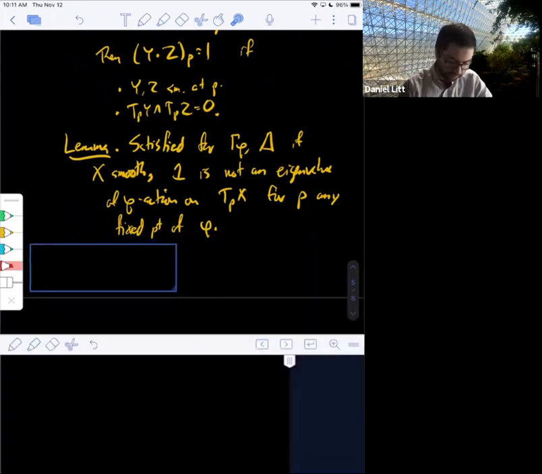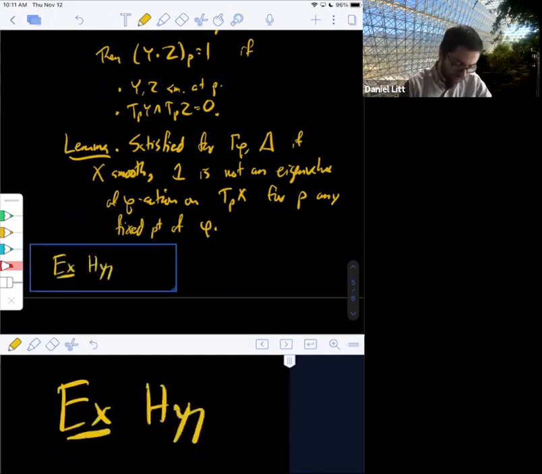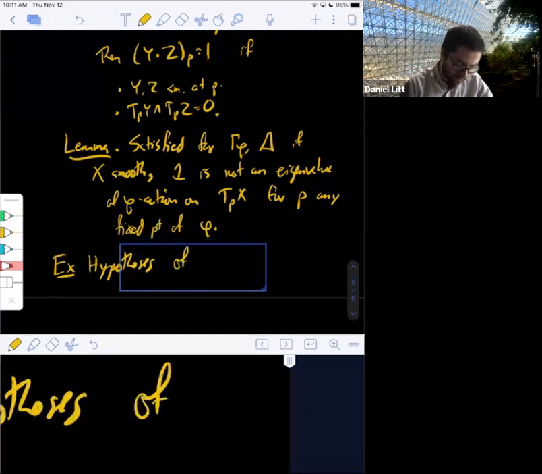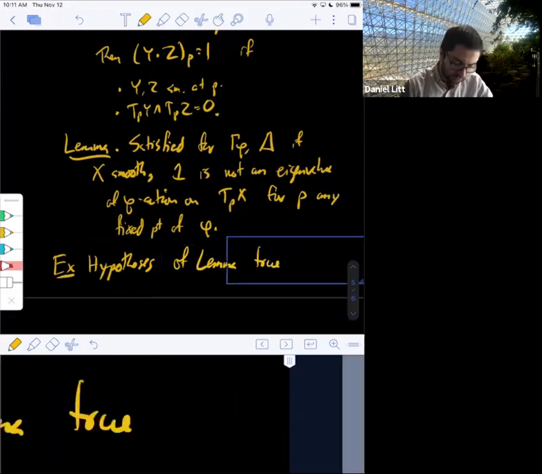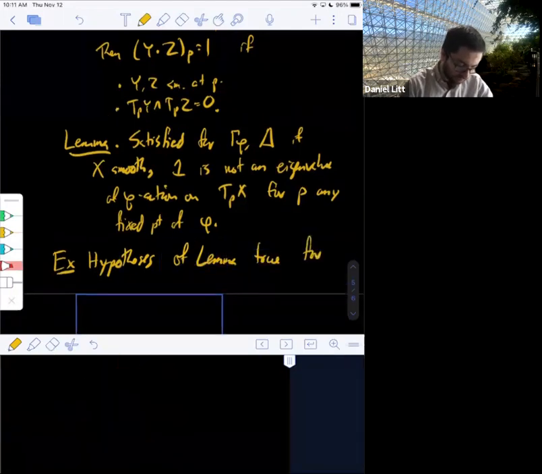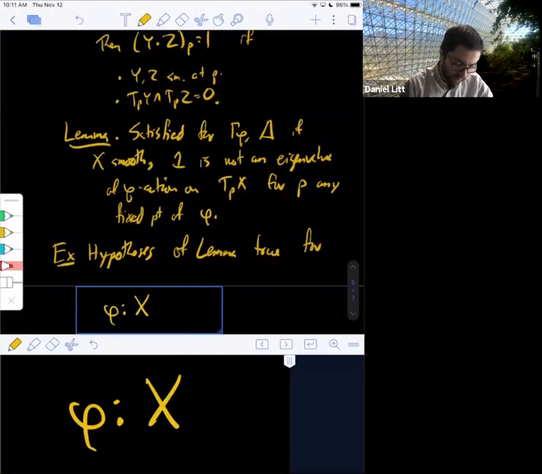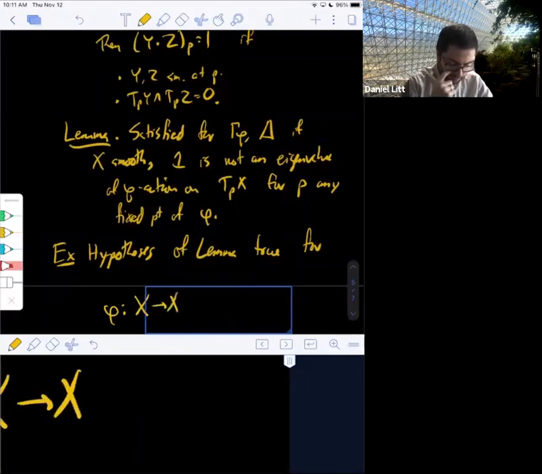So yeah, maybe let me make an example. So the hypotheses of the lemma are true for phi from X to X, the absolute Frobenius map.